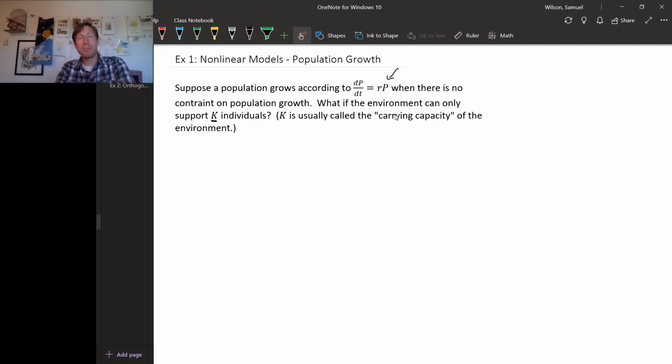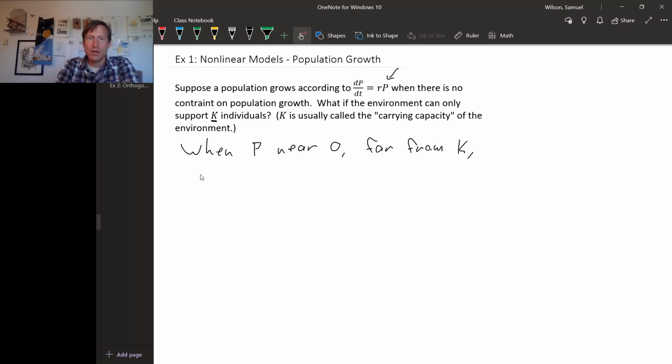But one key thing that we want to accomplish with the modification that we make is that when our population is near zero, that is far from the carrying capacity, whatever modification we make to the differential equation should make it look like the original differential equation, dp/dt equals your growth rate times p.